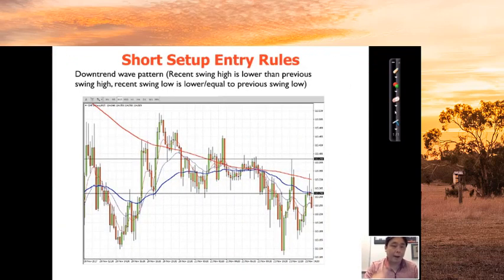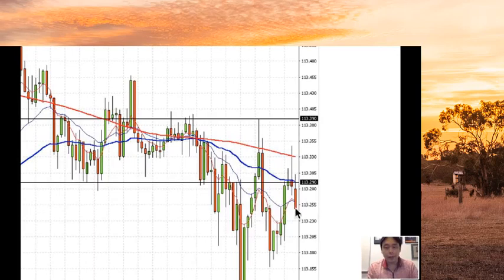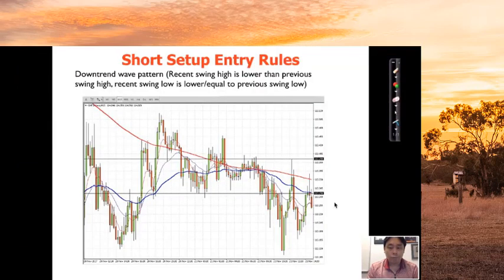Next example is franc yen. Again, look at the 50-minute candles. Are we on a clear downtrend? Yes, right? Over here, 18 below 50, 50 below 200. Clear downtrend. Was the 50 tested to be strong? Not really.